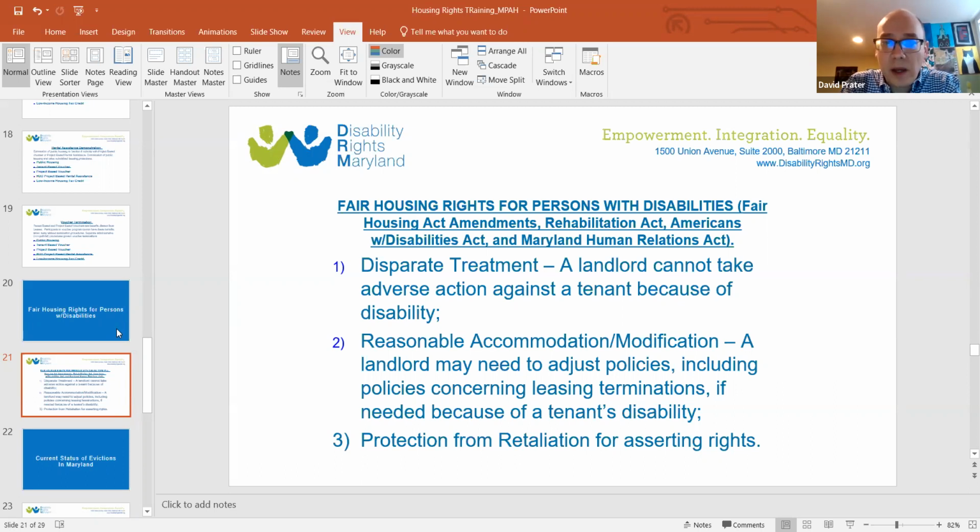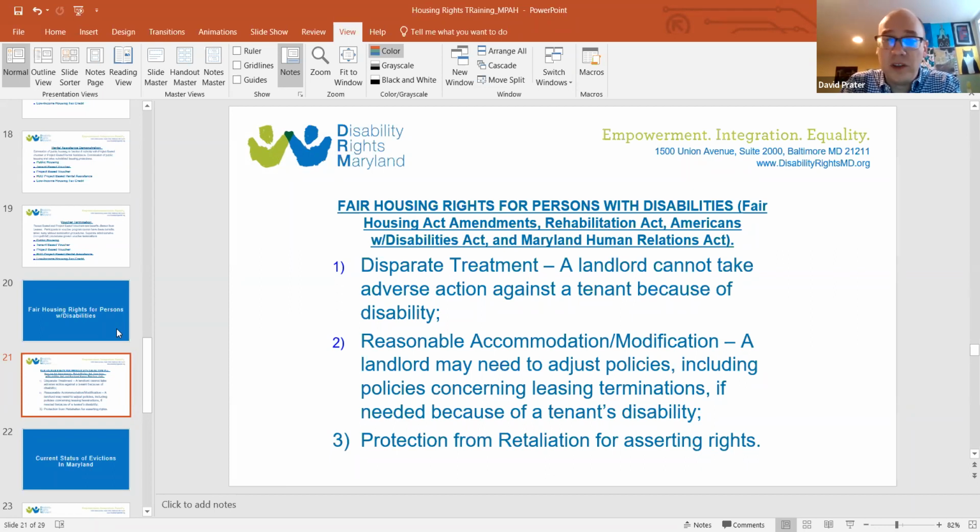And then finally, it protects tenants from retaliation. So the Fair Housing Act protects tenants from retaliation. And also there is a prohibition on retaliatory evictions in Maryland law. And that prohibition on retaliation extends to even deciding that the landlord does not want to renew a lease.